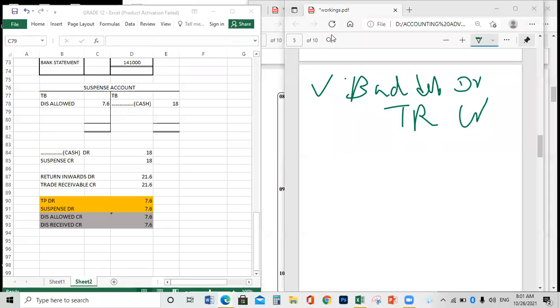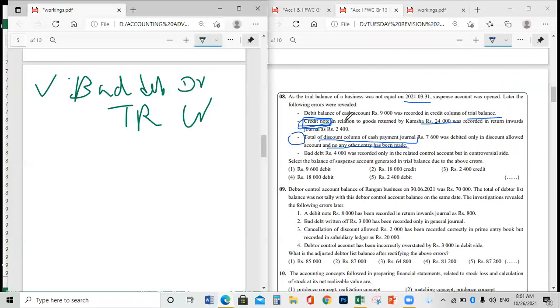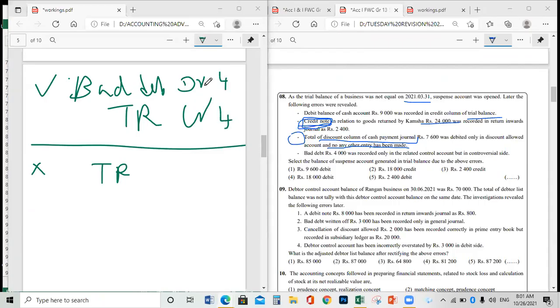Okay, but what they have done is they have recorded in the control account. That means they have recorded in the trade receivable. But which side have they recorded? Debit or credit side? The correct one should be credit side.